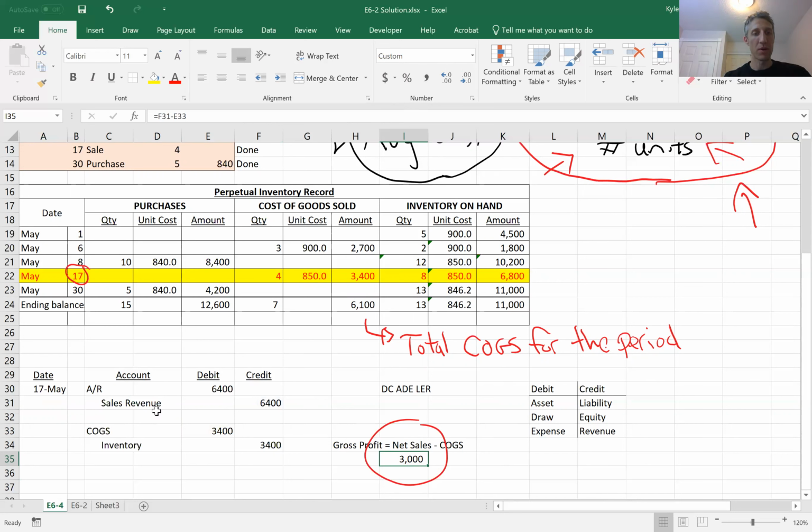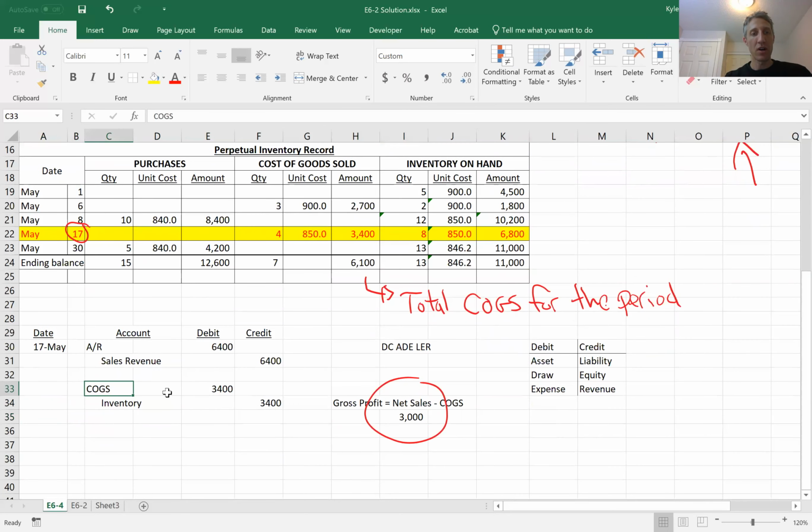One more thing I want to point out: doing this cost of goods sold journal entry is very important because it satisfies an important accounting principle known as the matching principle, where all expenses are matched to the revenues they help generate. When we treat inventory as an asset and then transfer it to the income statement as an expense when it's sold, we're matching these two together. This expense helped generate this revenue on May 17th.